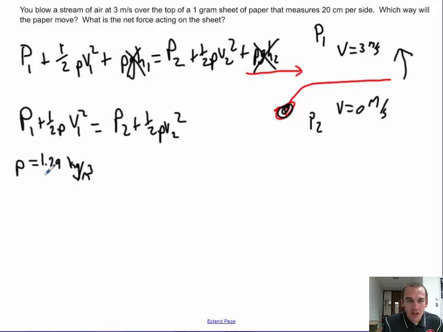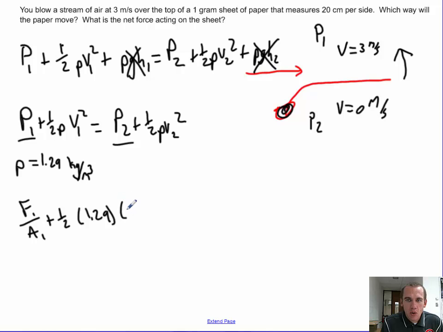So here we go. I'm going to replace pressure with force and area. Remember, pressure is force over area. So this is F1 over A1, plus 1/2 rho, which is 1.29, times V1 squared.